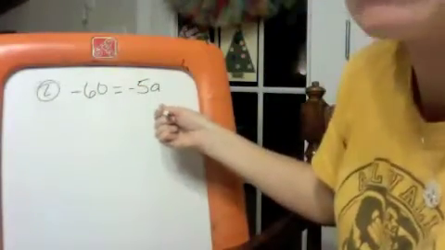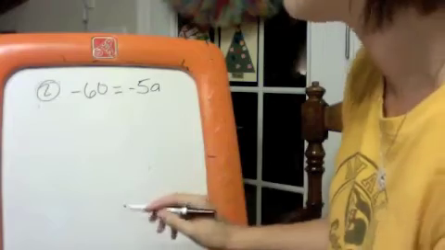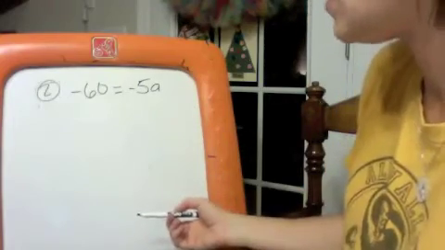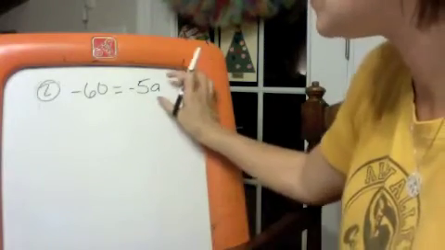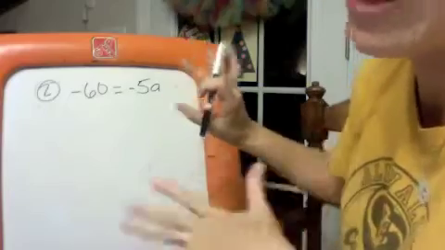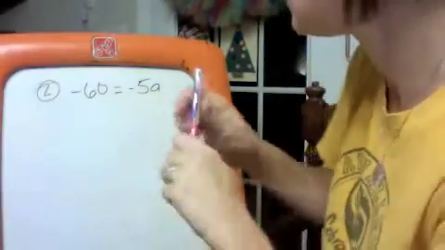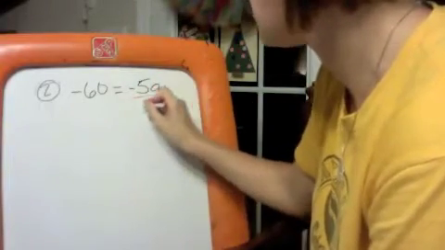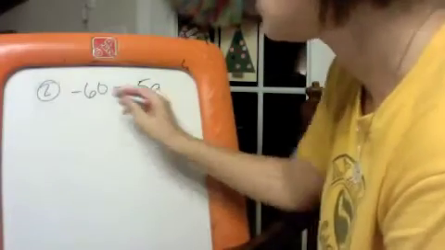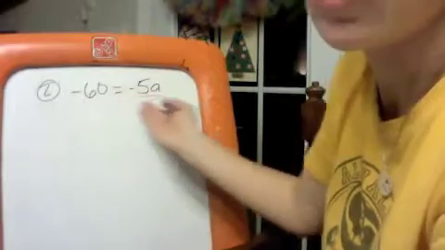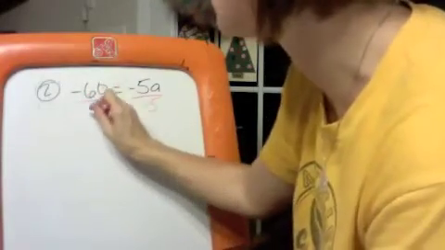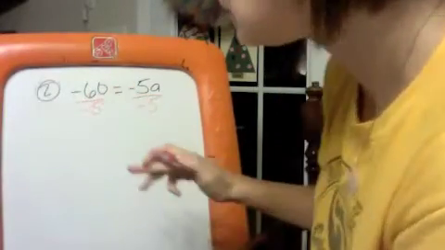My variable is now going to be on my right side. Once again, this is a multiplication problem. I know I have to get that negative 5 off that a. And to be able to do that, I need to divide by a negative 5. And if I do it to this side, to keep the equation balanced, I'm going to have to do the same thing to this side.